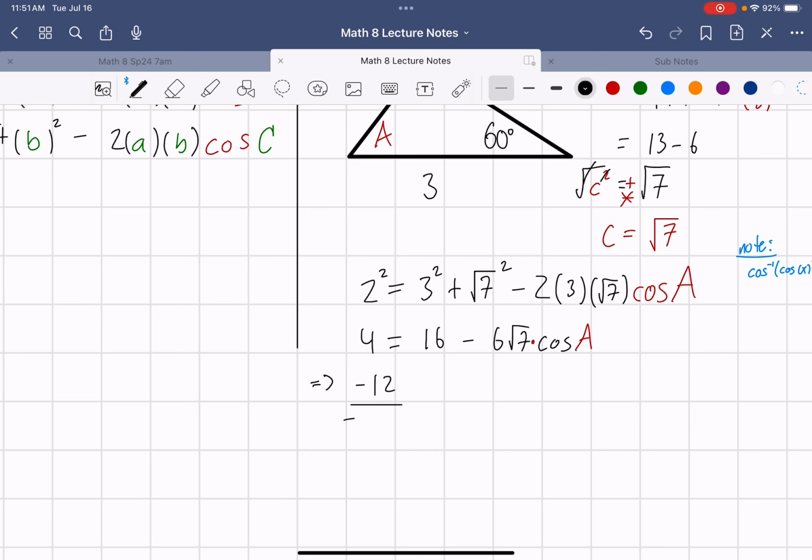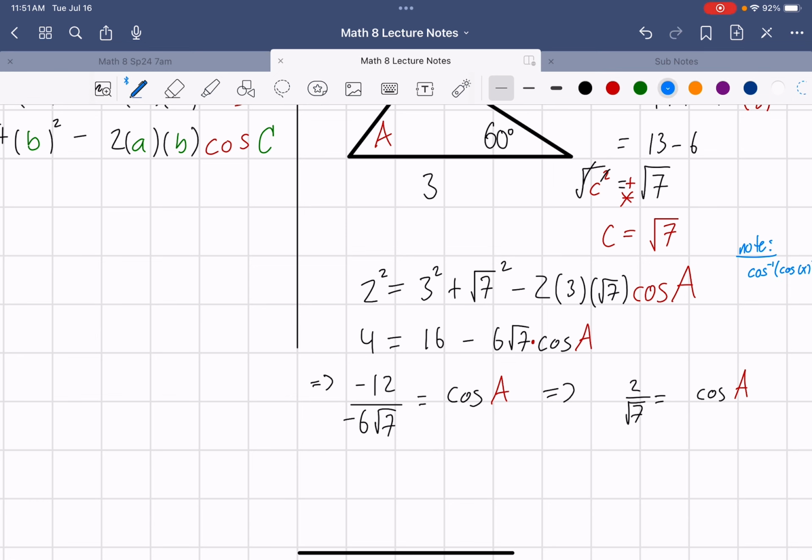So here, I'll just do an extra step showing how you eventually divide things, right? Cosine of A. But this is where you will apply, right? That would leave us with 2 over square root of 7 equals cosine of A, right?